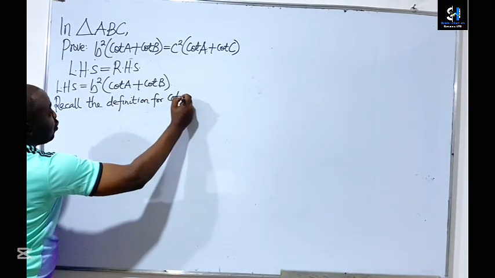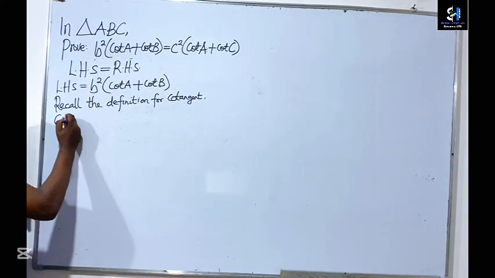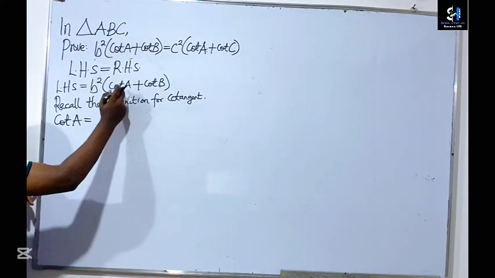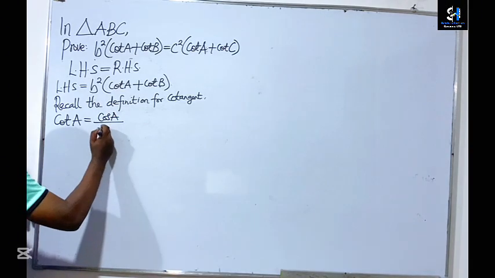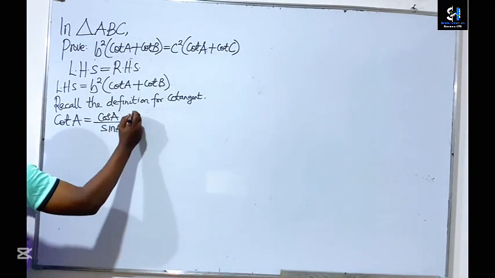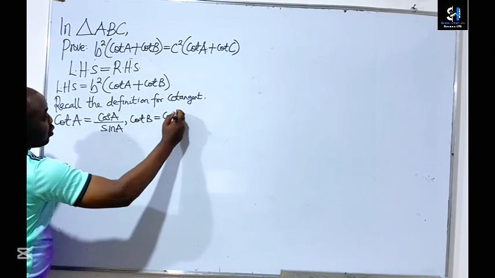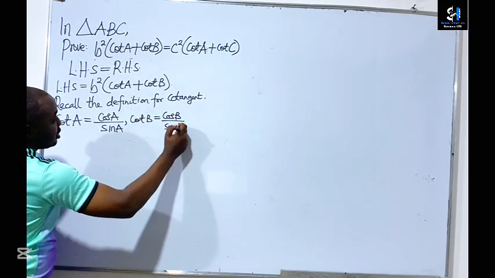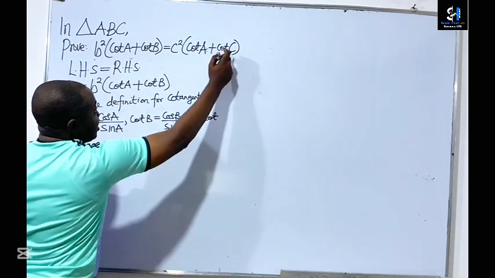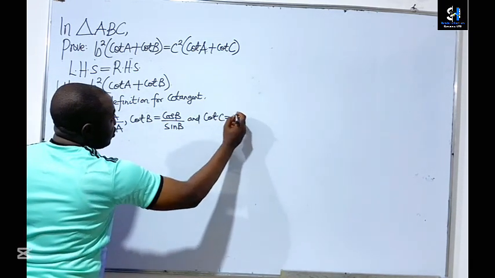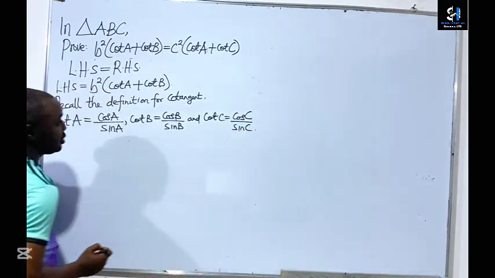We know that cot A will be cos A divided by sine A. Then cot B will be cos B divided by sine B. And also we have cot C, which will be equal to cos C divided by sine C.